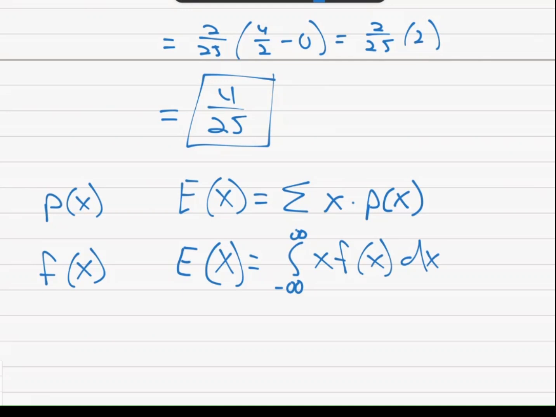And the same thing when I need to calculate the variance, I'll be calculating the expected value of x squared, so I'll have an x squared here. So I can do the same thing as I did with the summations and use the same exact formulas. It's just that all my summations switch to integrals.